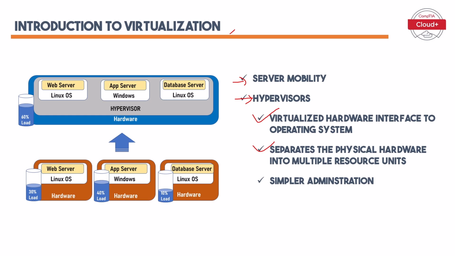You can run multiple instances of a single operating system, or different types of OS running simultaneously on a single server. And of course, simpler administration. The virtualization layer can provide additional management options for interacting with systems running on a VM, and this makes administration of the system so much easier.